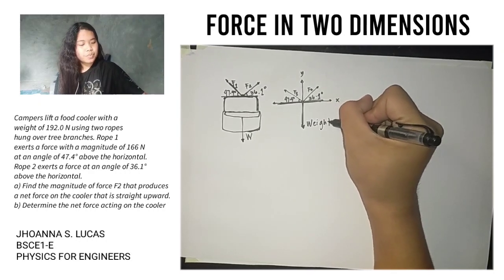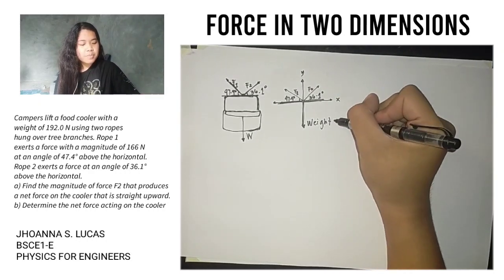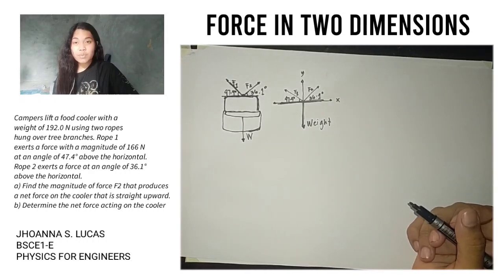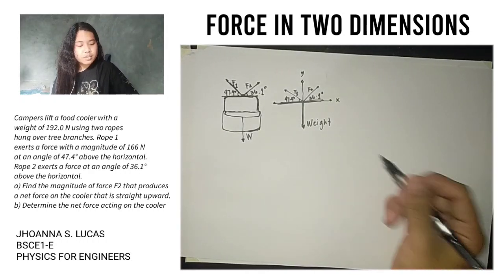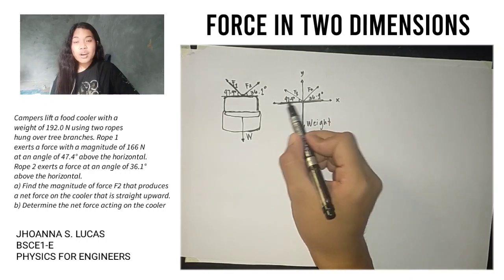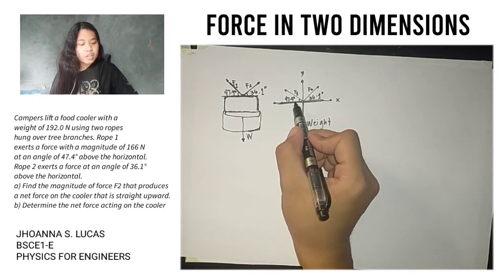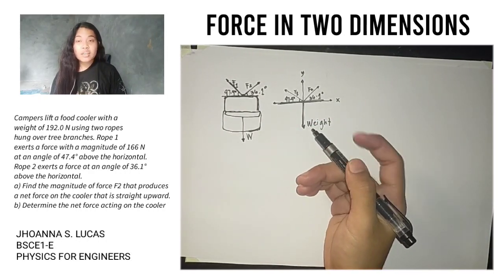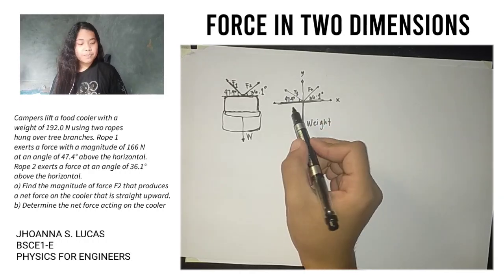Since our F sub 1 is at the left side of the x-axis, we are expecting that the x value of the F sub 1 is negative.